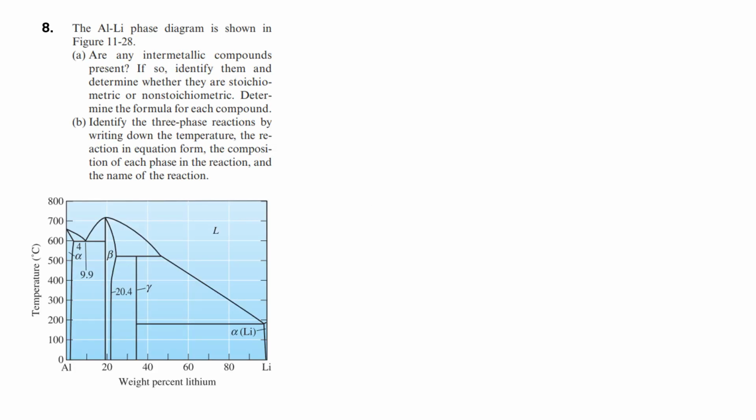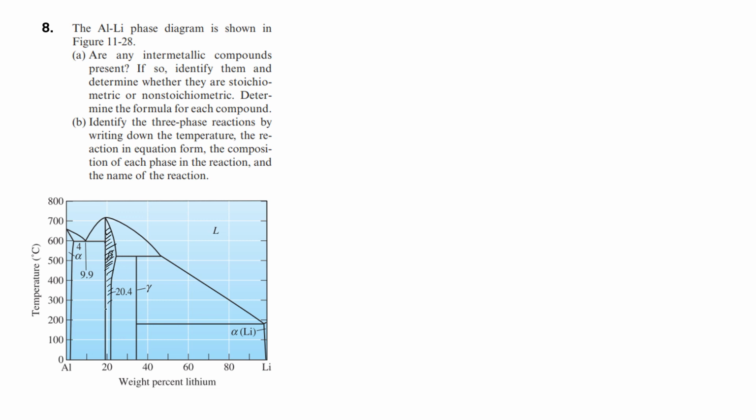So we have been given, next question, an aluminum lithium phase diagram. Okay. And we are asked whether there are any intermetallic compounds, like we have seen in the previous questions. So yes, we can see that there is a beta here, and we have a gamma phase here, right?